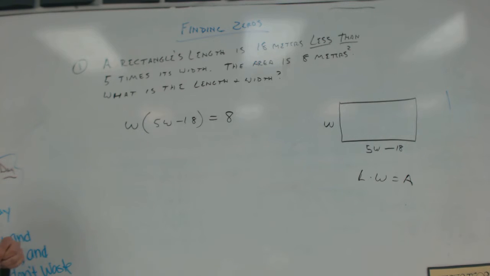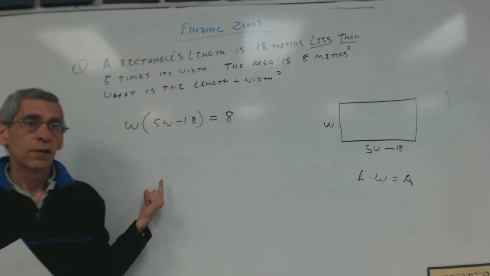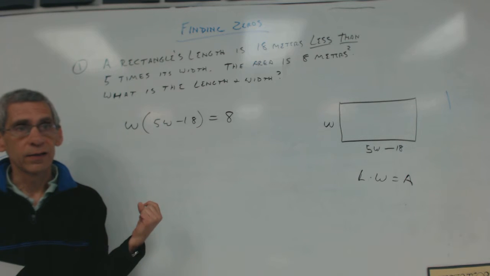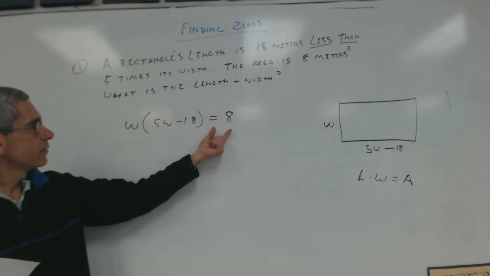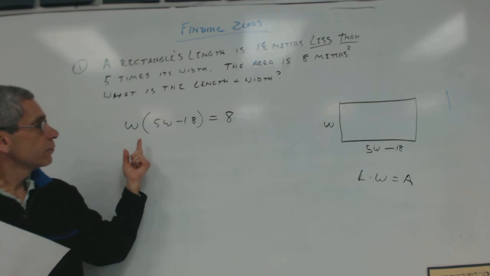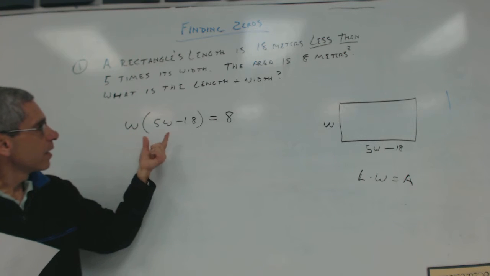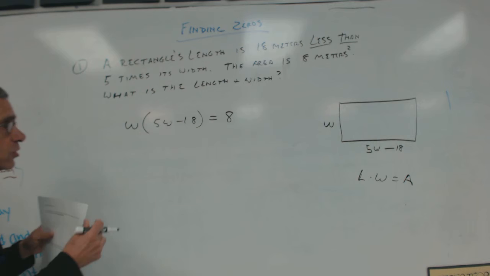All right. Now, you can't solve this the way it is. It has to equal 0 first, right? I want to get rid of the parentheses, so distribute it.